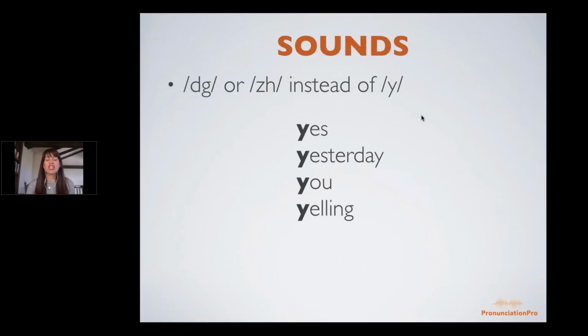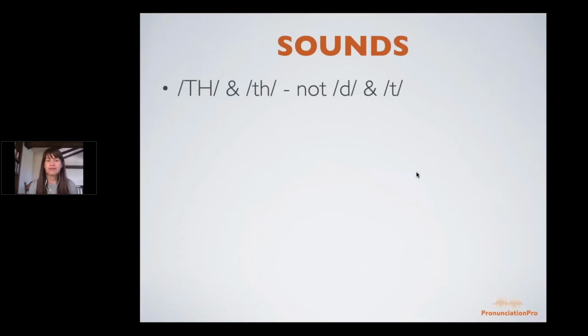So I don't think it's a huge problem, but when I'm first starting with students, there's a tendency to have a j sound, so yesterday, more of that sound instead of the ya. And again, it's just the carryover, and we have to make that adjustment for the English ya. It really only happens at the beginning of words, typically, for our Spanish speakers.